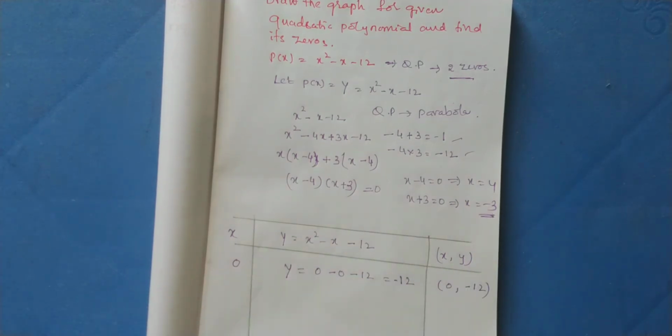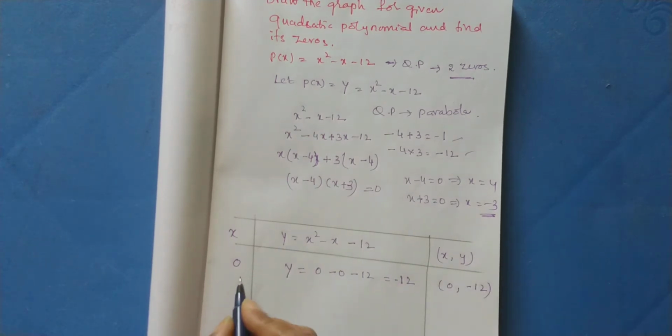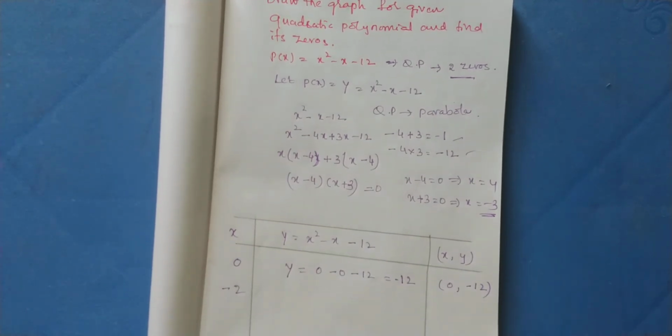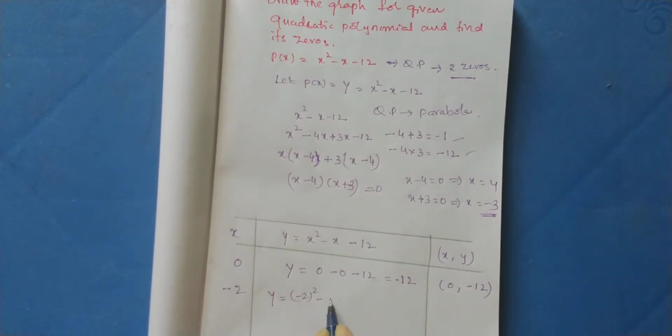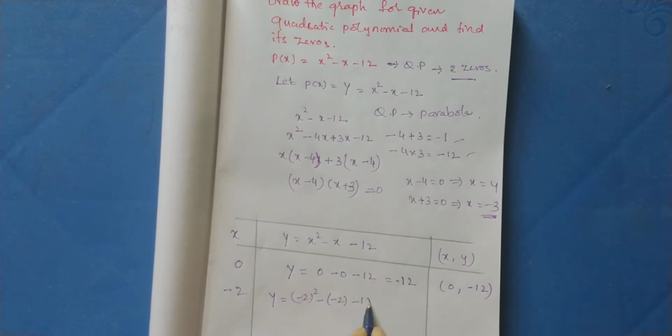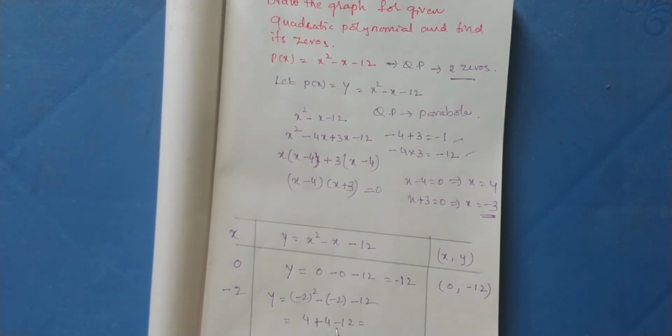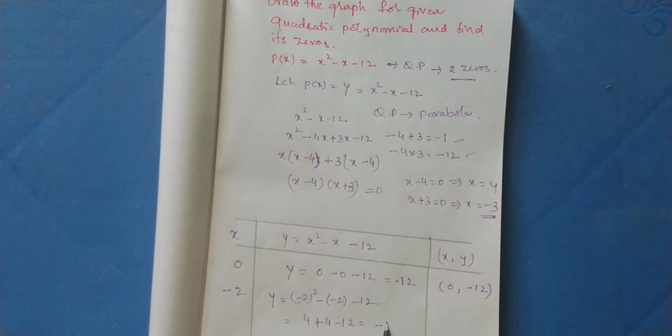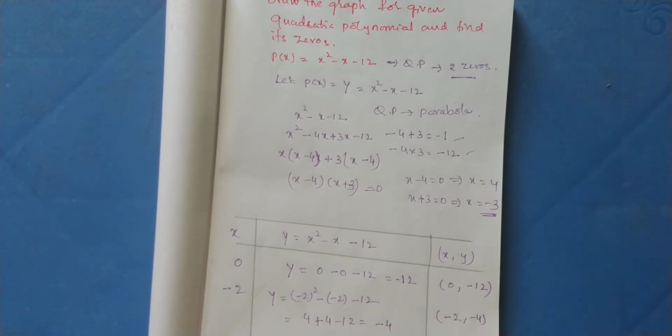If you take values above 4 and below minus 3, we get perfect points in between. Suppose I take minus 2. Then y is equal to minus 2 whole square minus of minus 2 minus 12, which is 4 plus 2 minus 12, which is equal to minus 6. So when x is minus 2, y is minus 6.